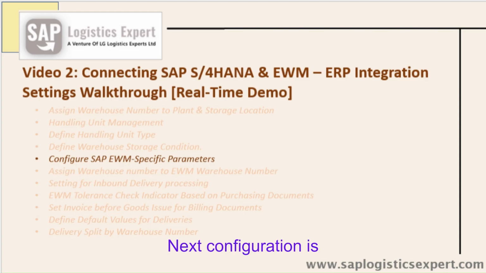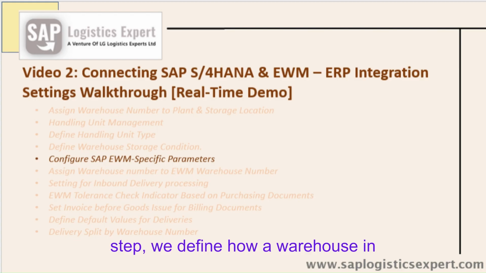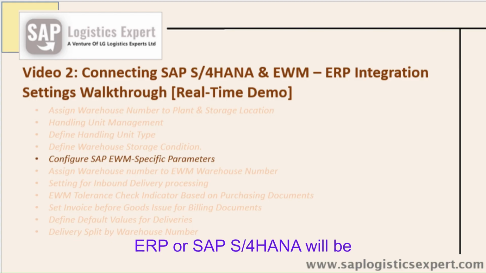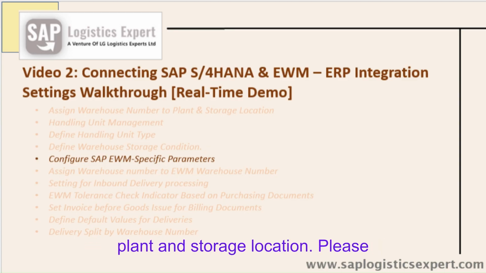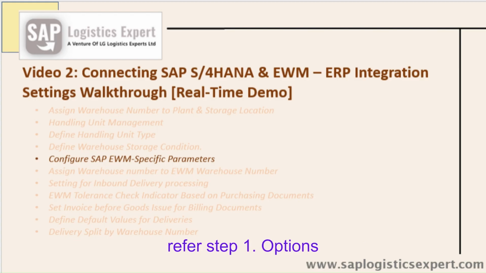Next configuration is configure SAP EWM-specific parameters. In this step, we define how a warehouse in ERP or SAP S/4HANA will be managed. Please note that we activate warehouses through assigning the plant and storage location. Please refer to Step 1.